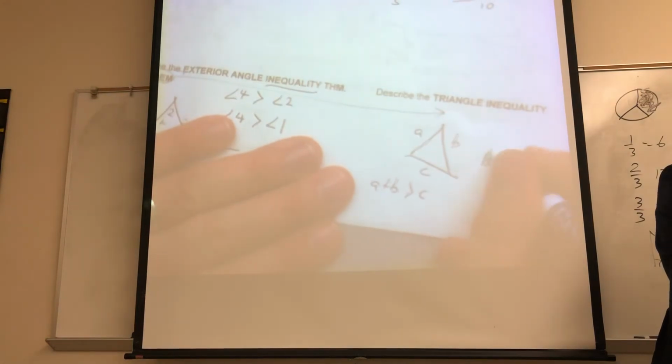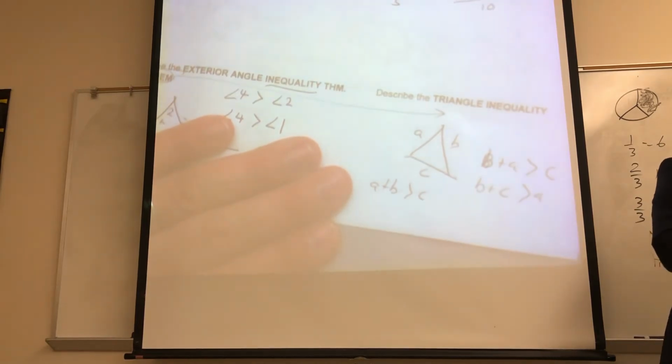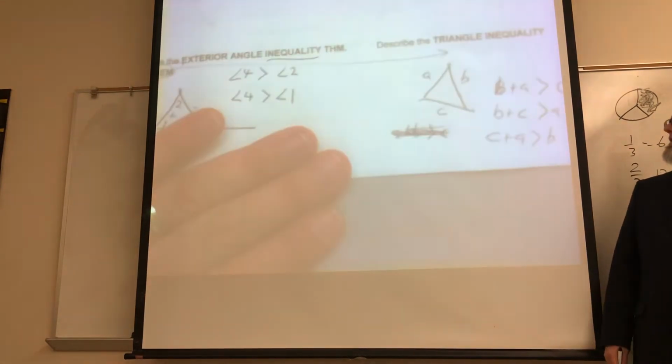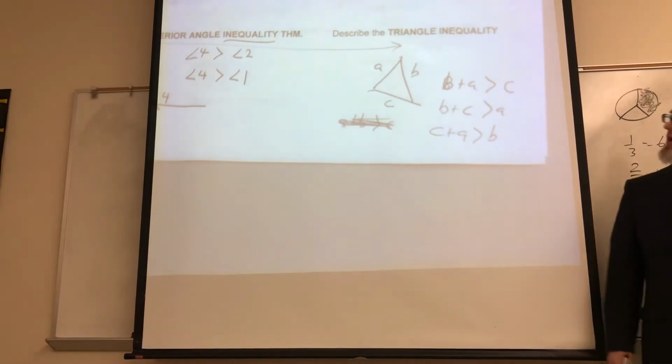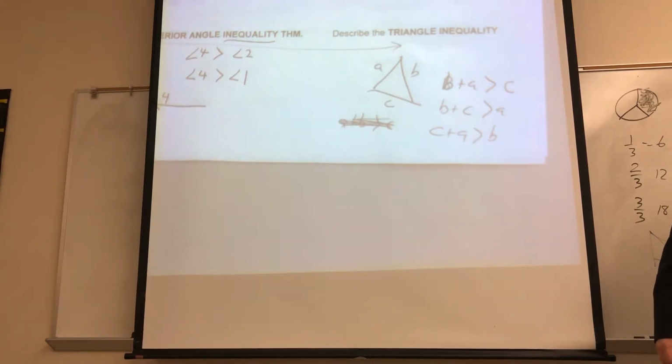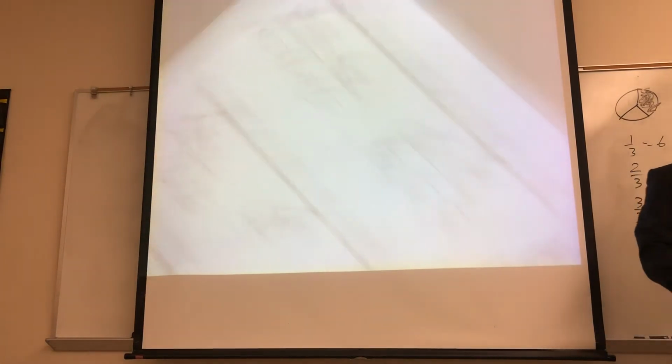B plus C has to be bigger than A. And C plus A has to be bigger than B. Okay? So any two sides have to be bigger than the third one, or you can't make a triangle with them. There will be overlap, there will be parts sticking out. It physically won't work.